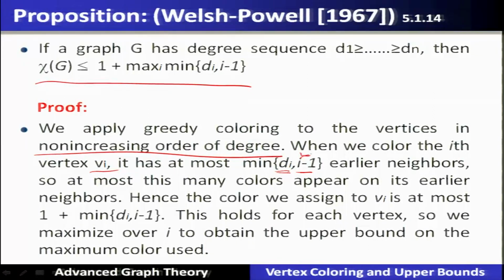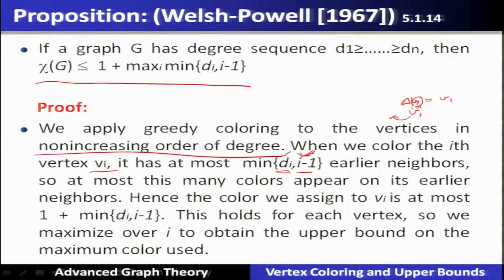So, i minus 1 says that the highest degree vertex, let us say that node is v1. So, v1 is placed first. Before v1 there is no other neighbor, hence di will not be used. So, i minus 1, that means the index i is 1, so 0 colors will be used. So, the minimum of these two, the smallest index and the degree values, are taken together in the Welsh Powell heuristic.